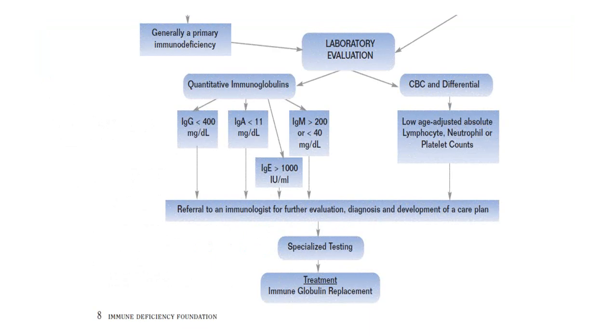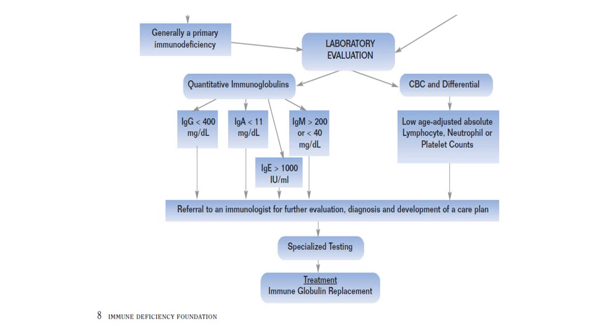Now, we have a history of someone who has recurrent infections. We start with the laboratory evaluation, as we mentioned, that we will need to do a CBC with differential counts and quantitative immunoglobulin assay. If we find that the patient has low immunoglobulins, hypogammaglobulinemia, this patient requires referral for further evaluation.